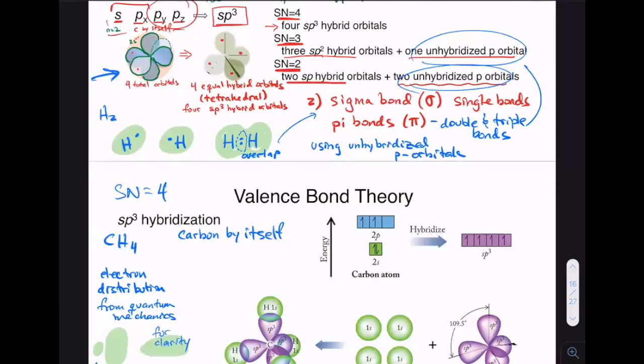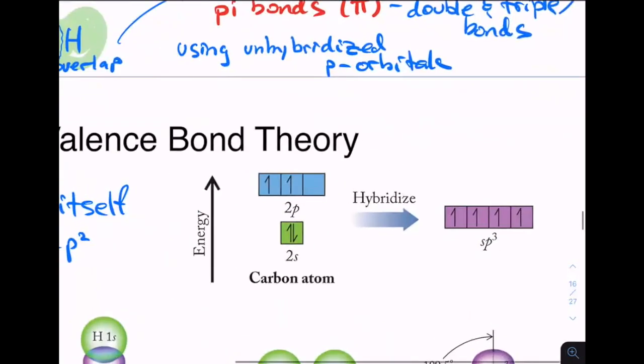We did that before. The electron configuration is 1s2, 2s2, 2p2. And if we were to draw that in an orbital diagram, but now we'll have the increased energy going up, right? So this is carbon atom. This is what I mean by itself. It's not bonding with anything.